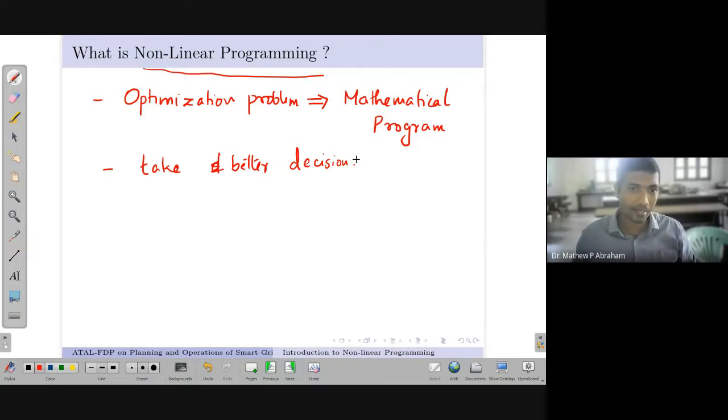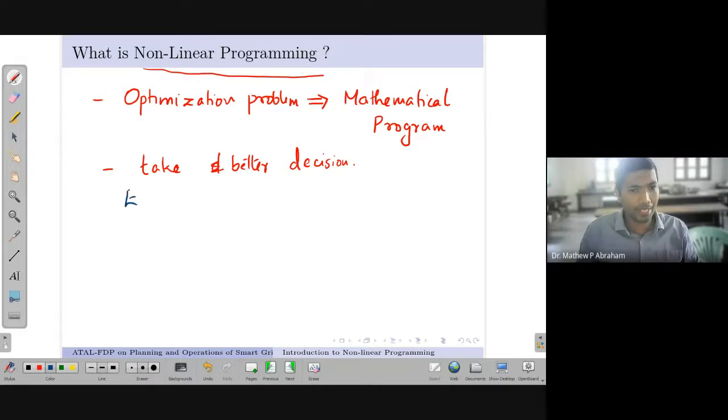In that case, we need to go for an optimization formulation to find the better or best decision. In smart grids, we have already seen a few optimization problems in the sessions, so I'll list some examples.